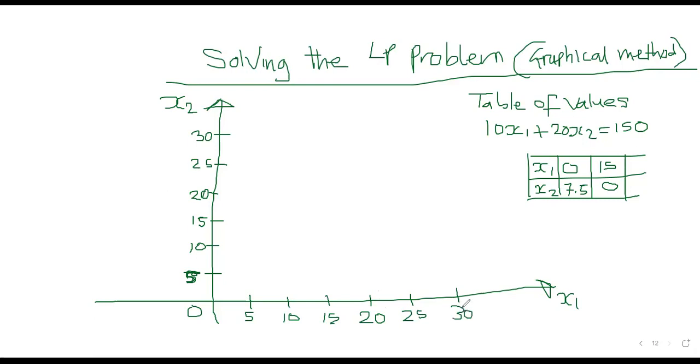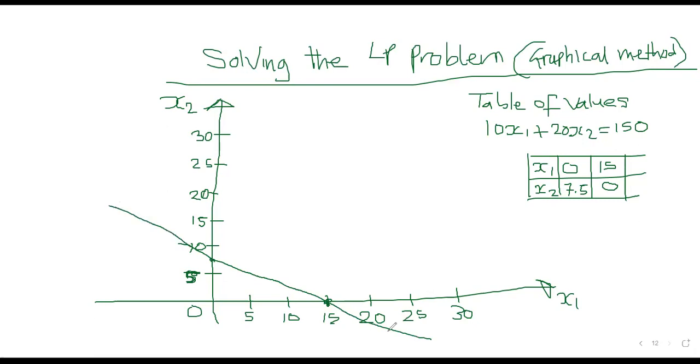So what happens now? (0, 7.5) is at this point, and then (15, 0) is at this point. So what goes on here is that you need to draw a line through these points.